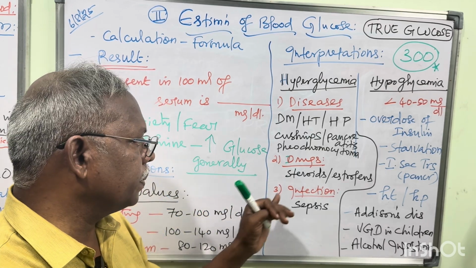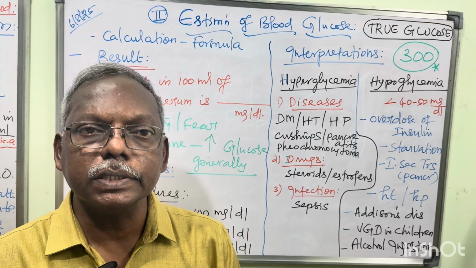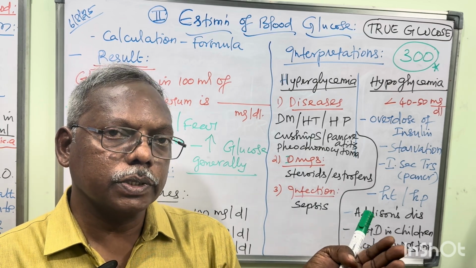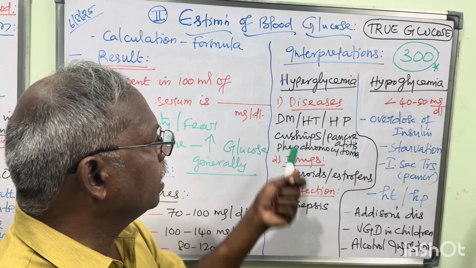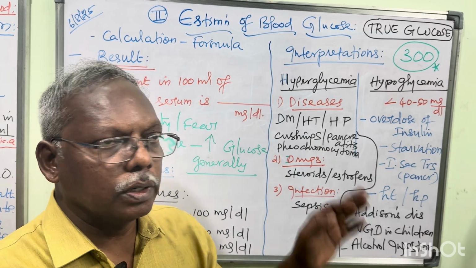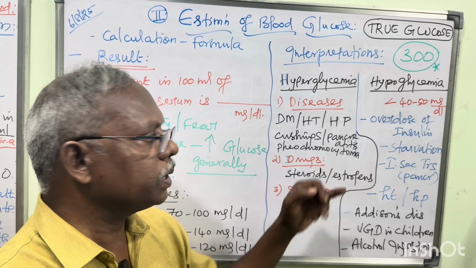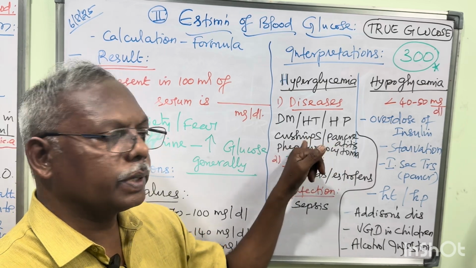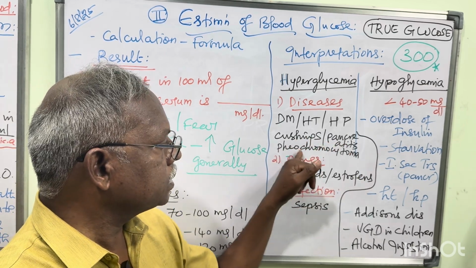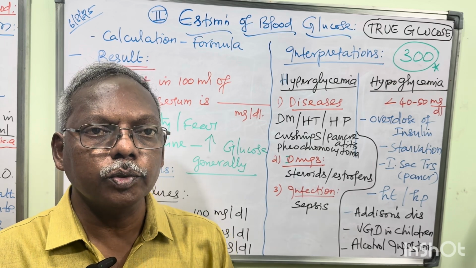That is, stimulate the pancreas. Steroids and estrogens always produce hyperglycemia. Some diseases, you know all the diseases, diabetes mellitus, hyperthyroidism, hyperpituitarism, Cushing's, hyperadrenalism, pancreatitis, pheochromocytoma, adrenal tumor.